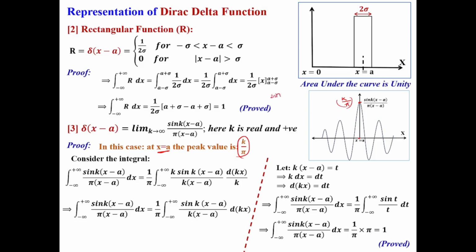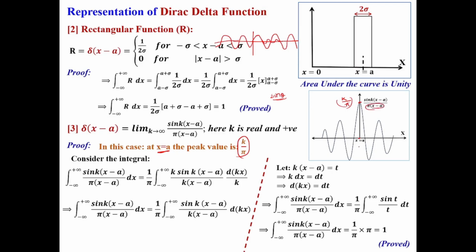We know sin theta is a sinusoidal function. That means it has to be like this, sinusoidal, symmetric about the y-axis. But this amplitude will gradually decrease due to this denominator factor.